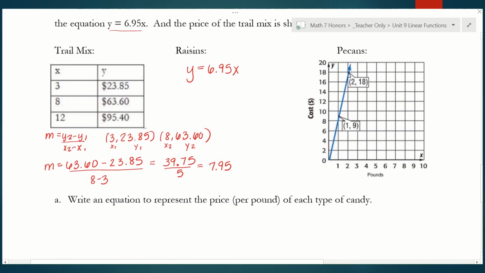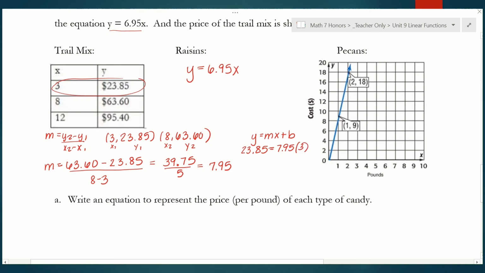Now I also need to figure out my y-intercept for trail mix. I'm running out of room here, so I'm just going to keep going. To figure out my y-intercept, remember I use my slope-intercept form and I pick 1 point. I'm going to choose that first point and plug that in for x and y. So y is 2385. My slope I just found was 795.